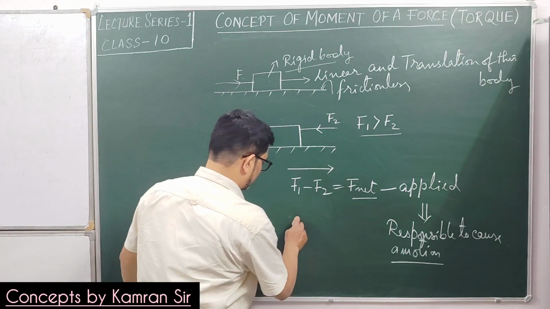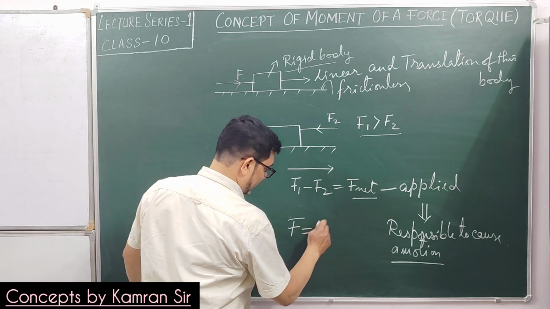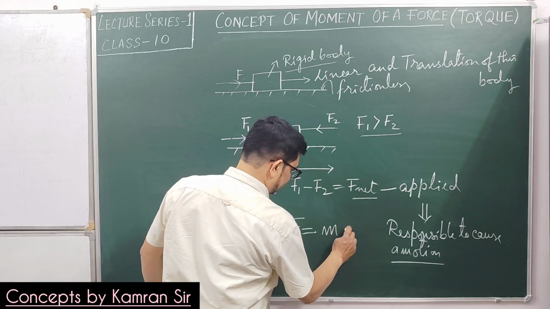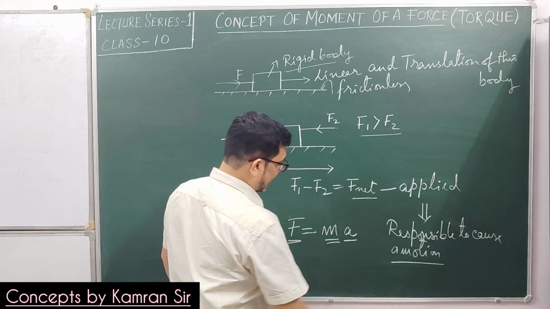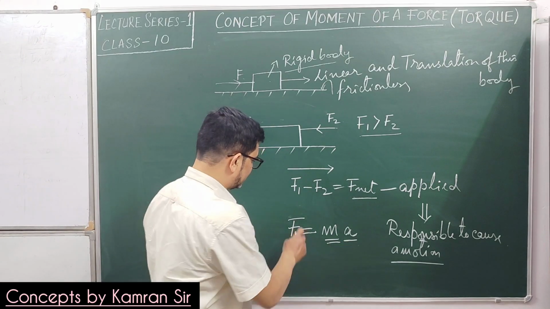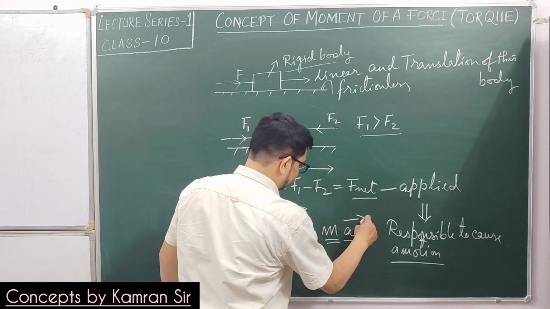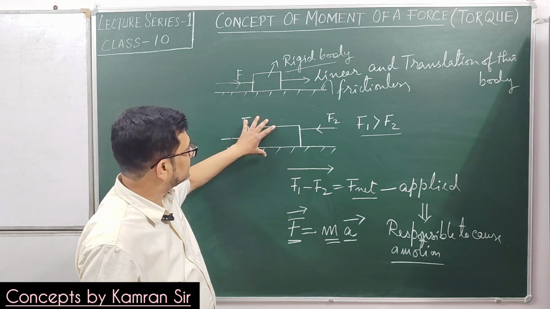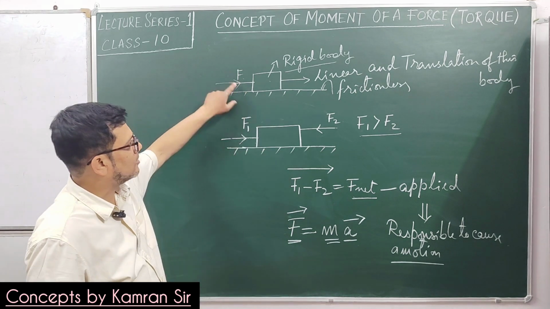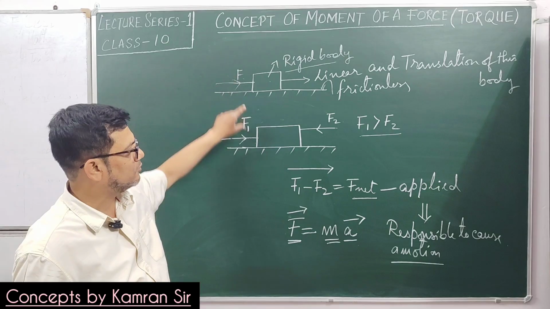And we know Newton's law, which says that this net force is equal to mass times acceleration. So acceleration is in the same direction as that of the force applied. Alright, so having understood this, this force can cause linear or translational motion.